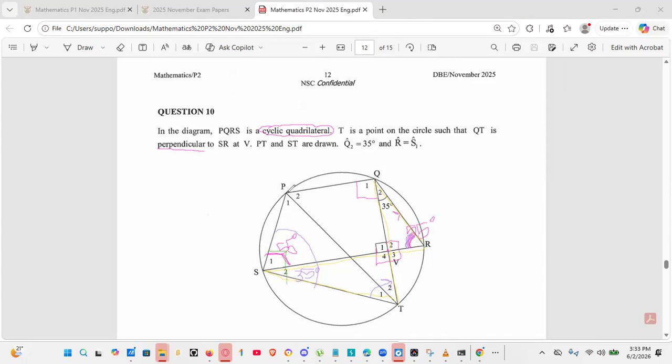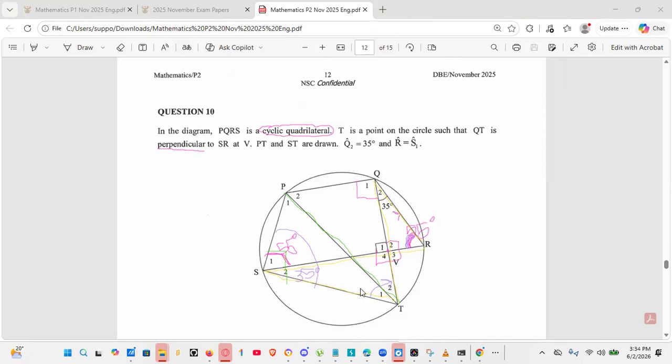So this is actually a diameter, because it's cutting the circle and then we get a 90 on the circumference. So that's a diameter PT. And that's all we can find for now.